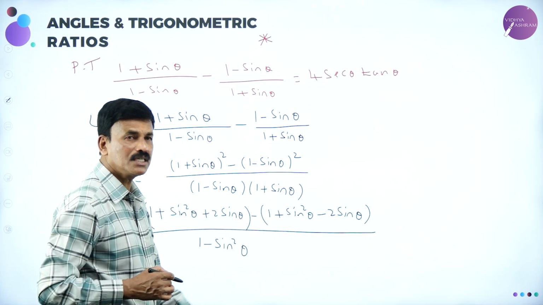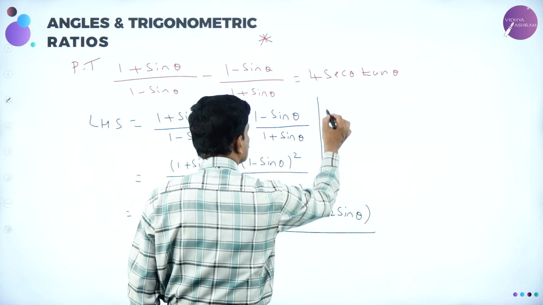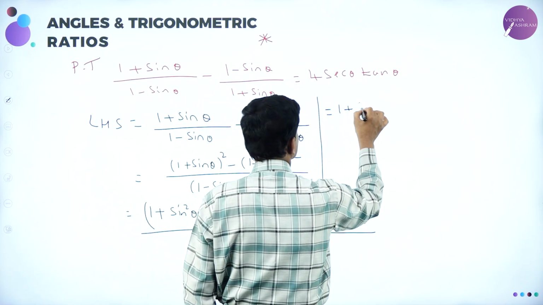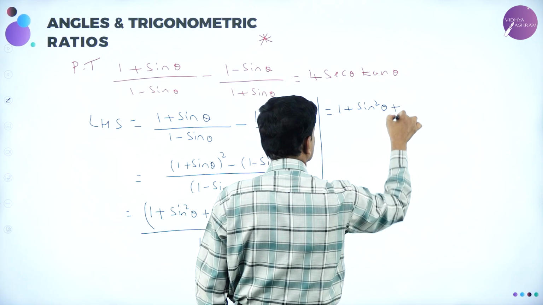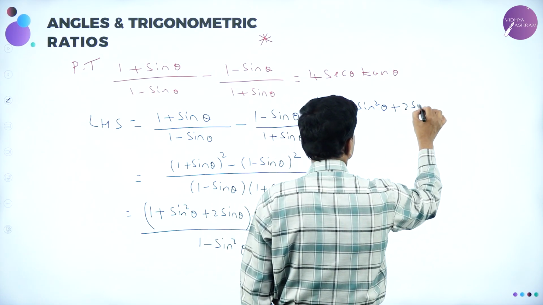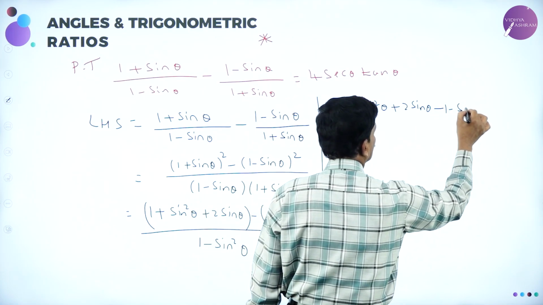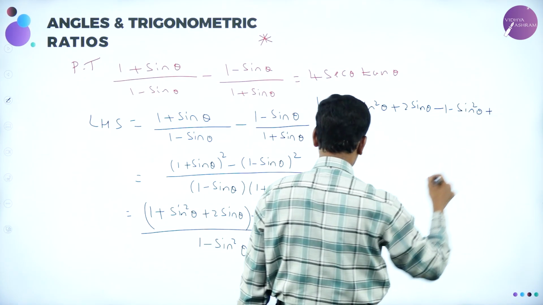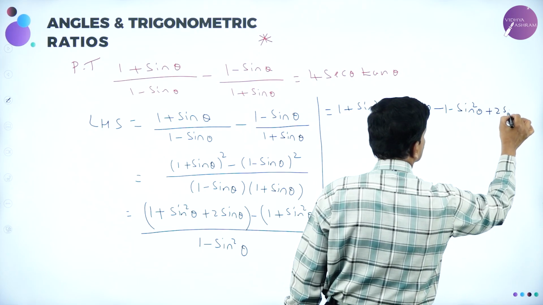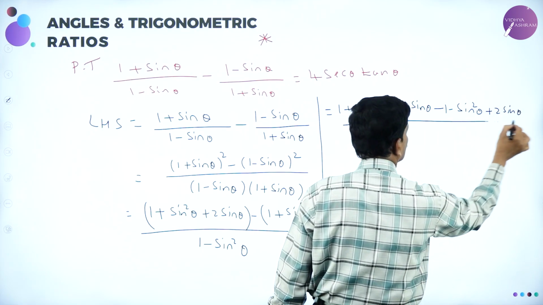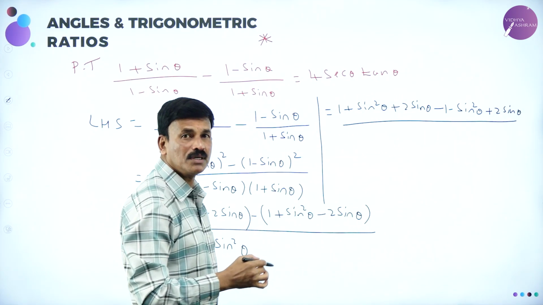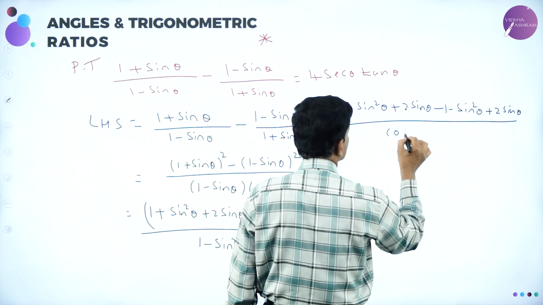Now just multiply by the negative sign. This is equal to 1 plus sin square theta plus 2 sin theta. If you multiply by the minus sign, it becomes minus 1 minus sin square theta, minus into minus plus 2 sin theta, whole divided by, in the denominator, 1 minus sin square, which is equal to cos square theta.